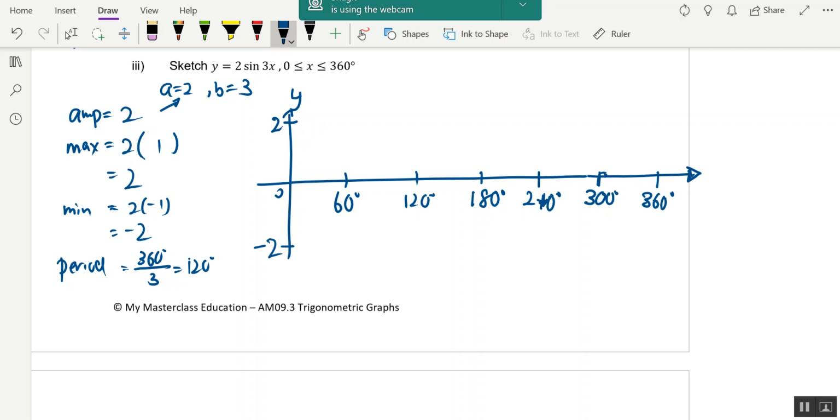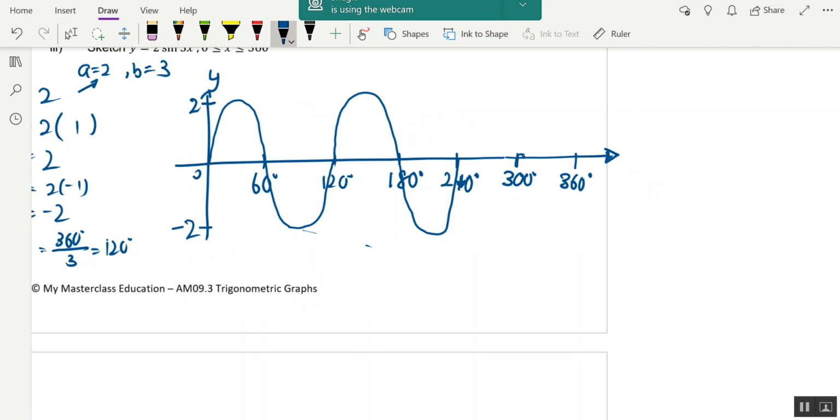How long do I need to complete 1 cycle? 120. Which means that from 0 to 60, I must complete half a cycle. And then to 120. Here to here, go down. Here to here, turn up. Try and be neat. This is not very good already, so clean it away.